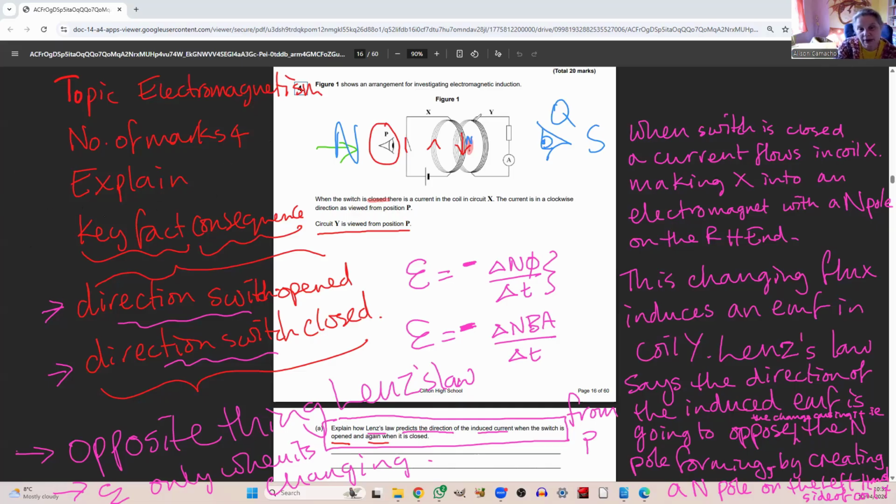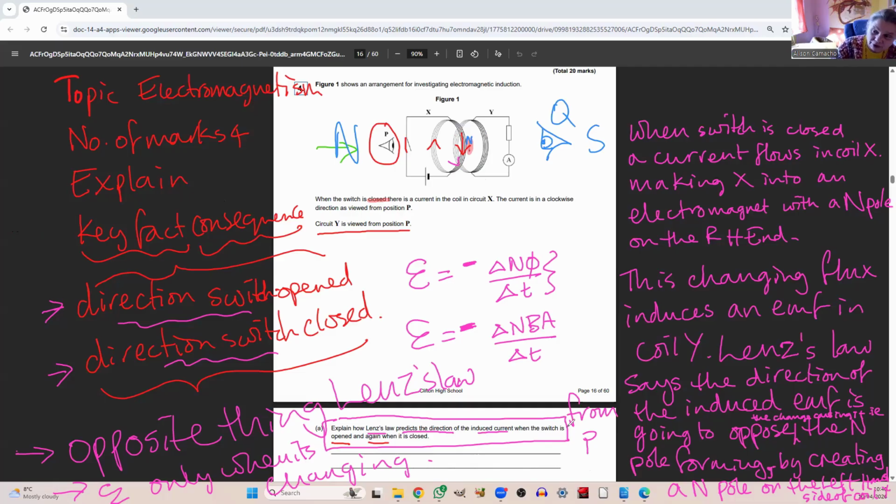From point P, we want a north pole, which means it's going to be going anti-clockwise. So you can say that the current induced in Y will be going anti-clockwise when viewed from P.